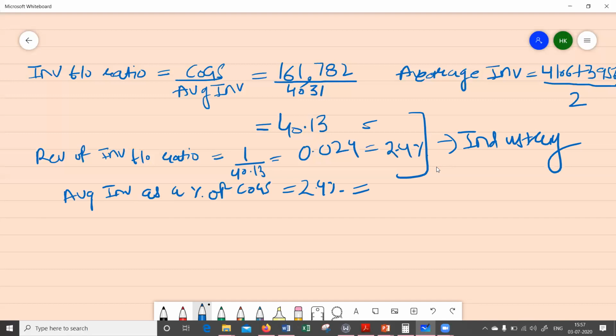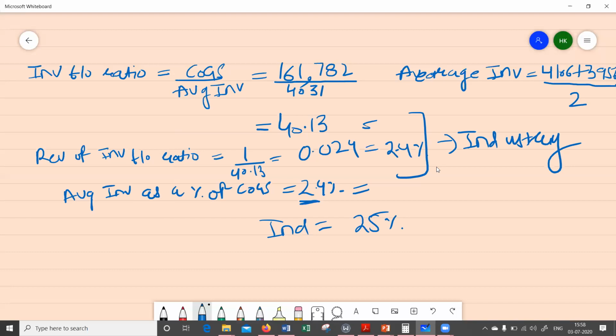And let me tell you how it could be a problem. So let's suppose that this reverse of inventory turnover ratio, which is average inventory as a percentage of COGS, is 2.4% for Apple, which means that Apple is maintaining just 2.4% of the entire amount of goods that it is selling as an inventory, which seems to be quite less. But the other companies in the industry are maintaining 25%.